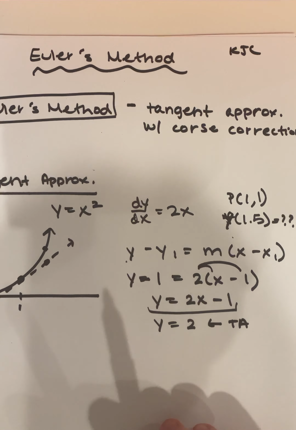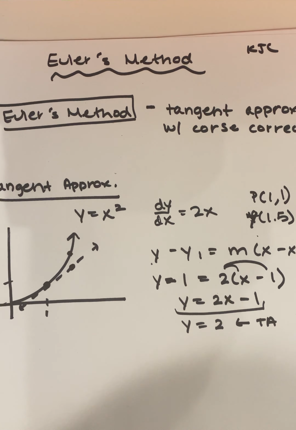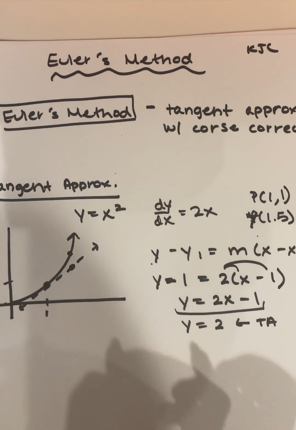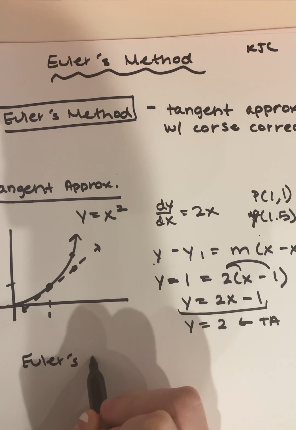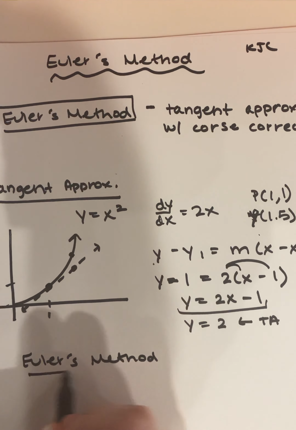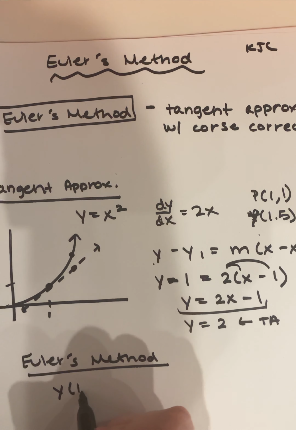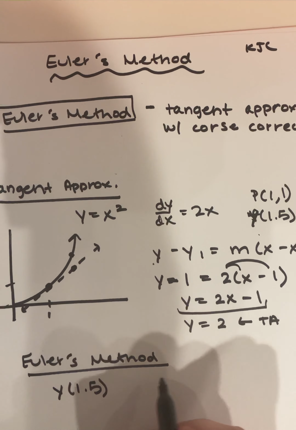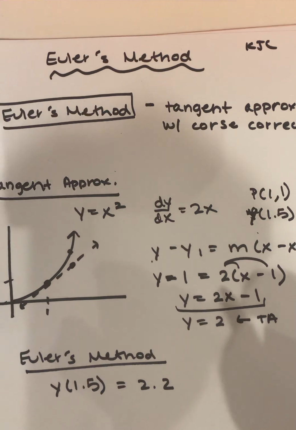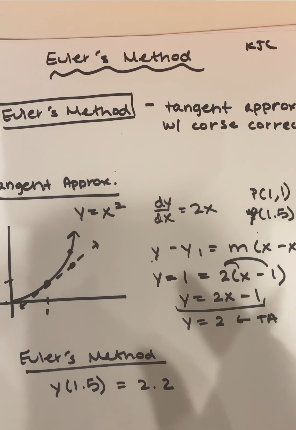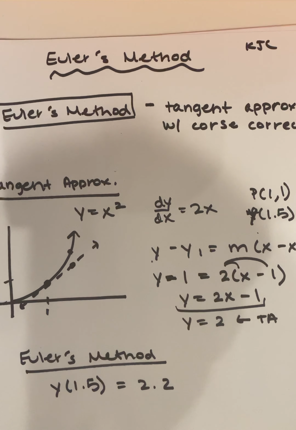That is using a tangent line. However, Euler's method is different. Taking Euler's method, the approximation for 1.5 is actually going to equal 2.2, and we will run through an example, just not this problem, but I will show you how to use Euler's method in using an equation.